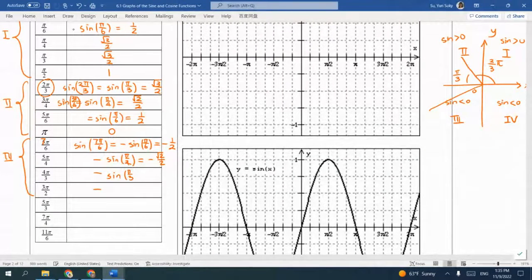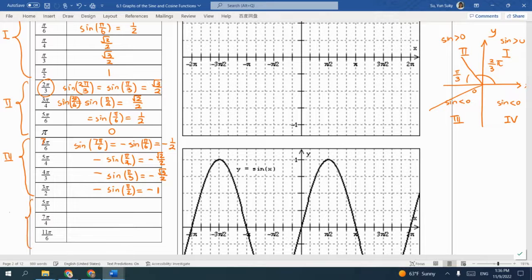So sine of 4 pi over 3 is minus root 3 over 2. Okay, everybody? And how about 3 pi over 2? What's sine pi over 2? Yeah, very good.